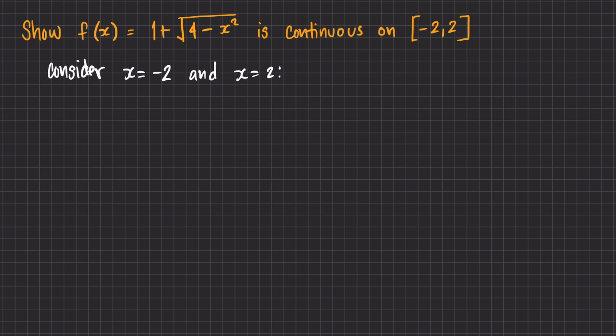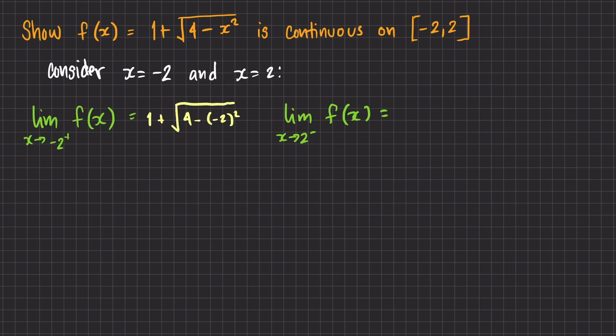How about sa boundaries? So we consider the boundaries x equals negative 2 and x equals 2. So for the leftmost na boundary, dahil hindi na defined yung function to the left of negative 2, let's consider values na nasa right ng negative 2. Now, the limit of our function as we approach negative 2 from the right side will be, well, substitute muna natin kung magkakaproblema.